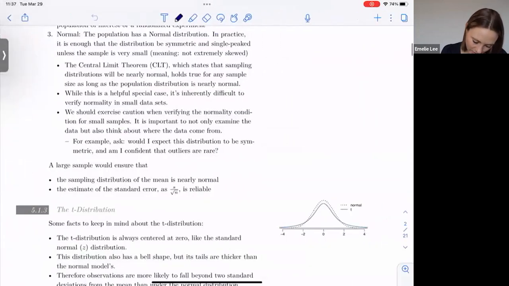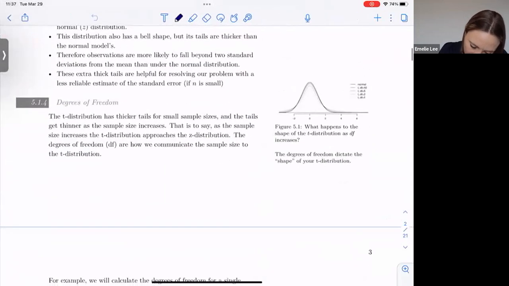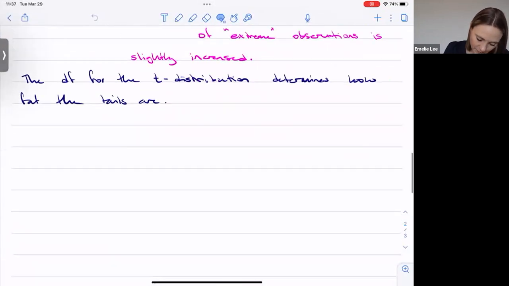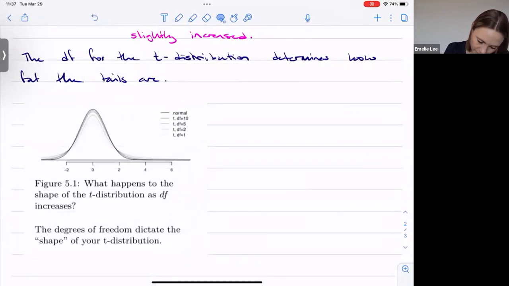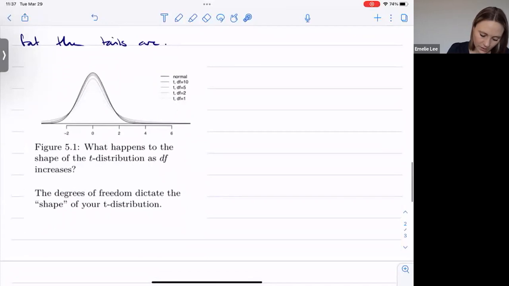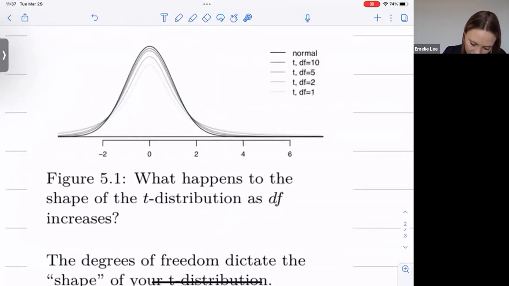So let's see here if I have that graphic that I did. I do. Okay, it's hard to see because this is not in color, I guess.